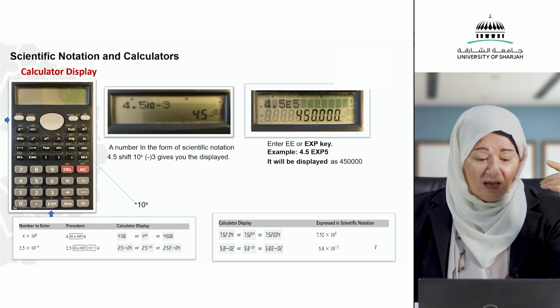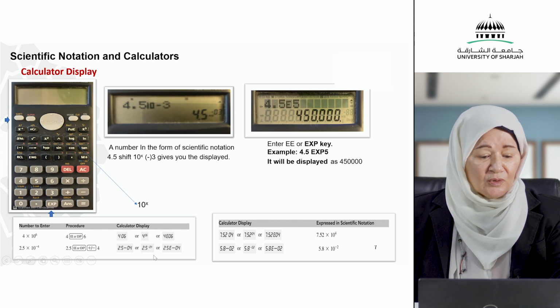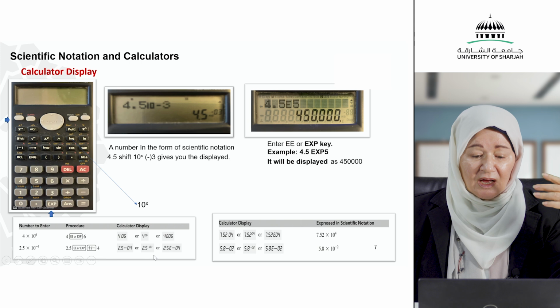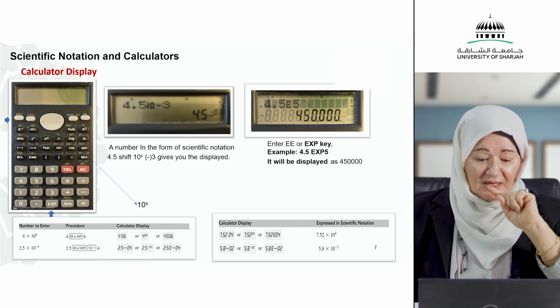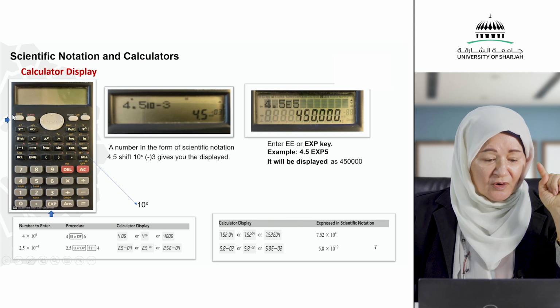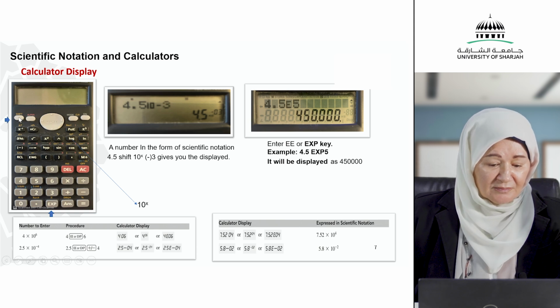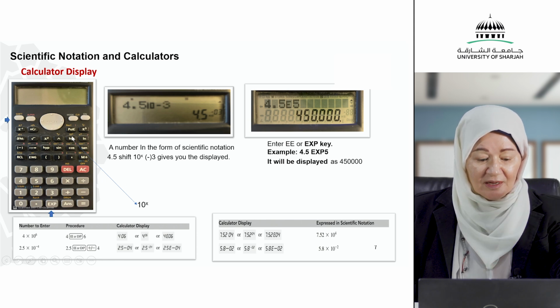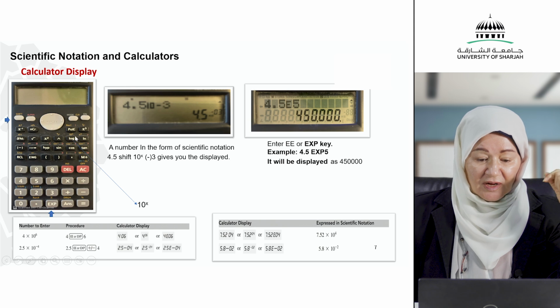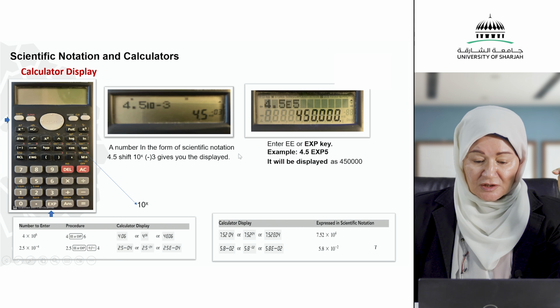I'm going to show you how we use our calculator and how the number is going to be displayed. This is important: first of all, I have a shift button, and whenever I shift, I go to 10 to the x. This is 10 to the x, the 10 to the exponent. Therefore, for a number in the form of scientific notation, what do I do?